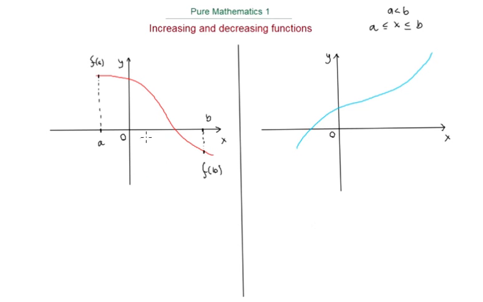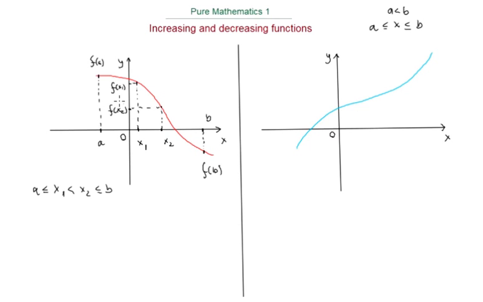We'll choose two random variables within this interval, x1 and x2. And we will choose x1 to be less than x2, and both of them within the interval a to b. To x1 and x2 correspond f of x1 and f of x2.